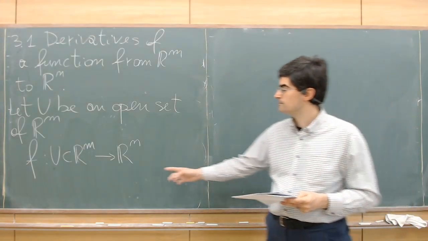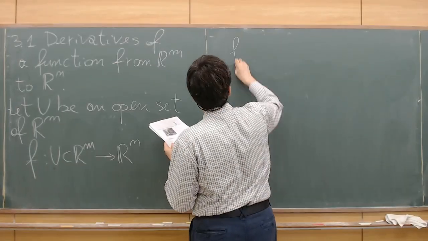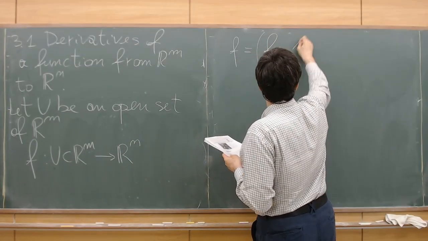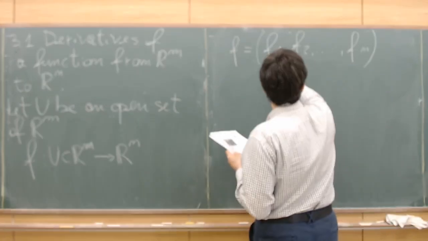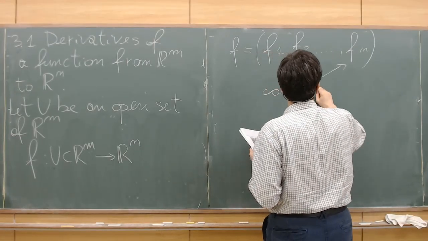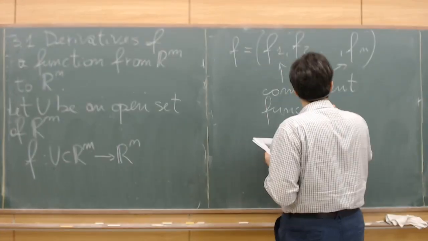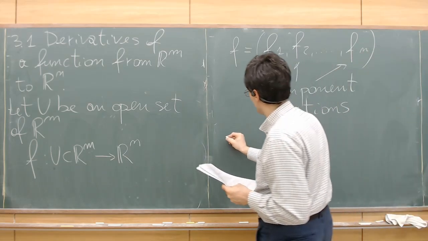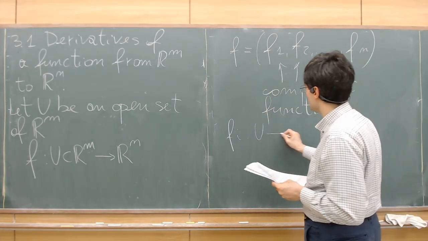In this case, f must be thought as n separate component functions, and each component function, of course, is defined on U, but it takes value on R.